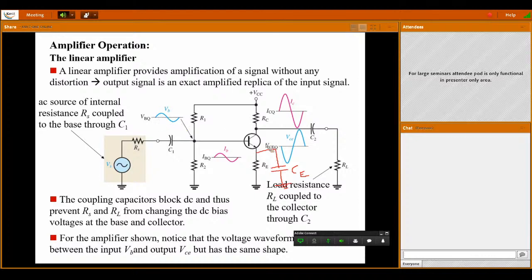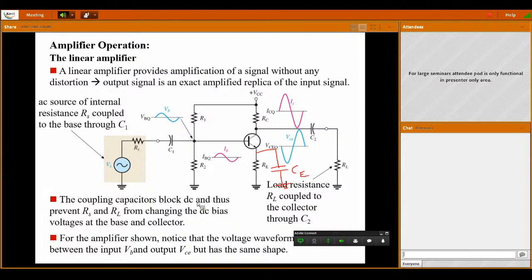For a positive input signal, you get an amplified voltage but with a shift of 180 degrees, so for positive you get negative. For a negative input signal, you get a positive amplified voltage. So these are the notations which I am going to utilize for the DC as well as the AC analysis.